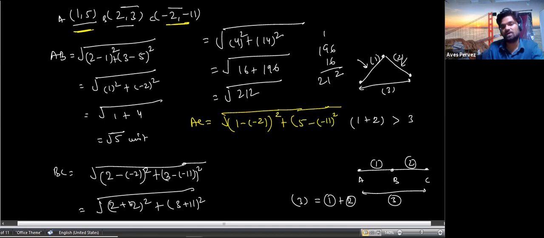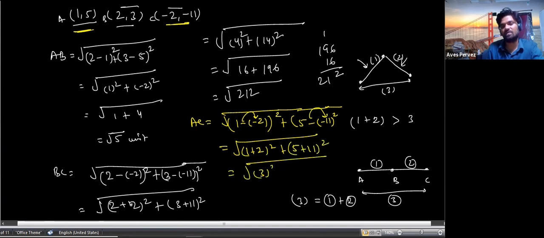11) whole square. So you can write under root, minus minus gives plus, so you get (1 plus 2) whole square, plus again minus minus gives plus, (5 plus 11) whole square. So 1 plus 2 is 3 whole square, plus 5 plus 11 is 16 whole square.